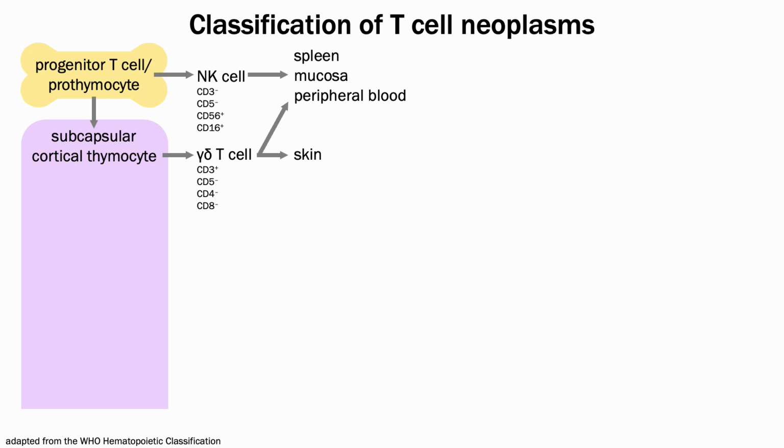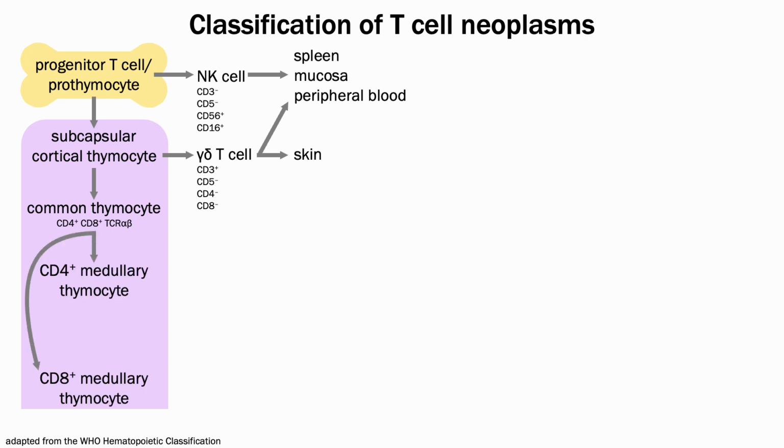These subcapsular cortical thymocytes can further differentiate into common thymocytes, which express both CD4 and CD8, as well as TCR alpha beta. These can then either lose CD8 to become CD4 positive medullary thymocytes, or they can lose CD4 to become CD8 positive medullary thymocytes.